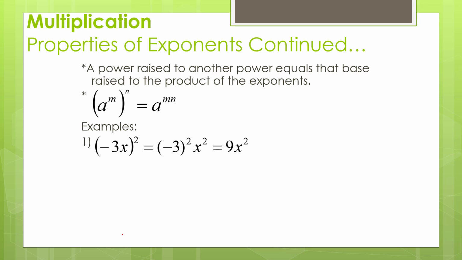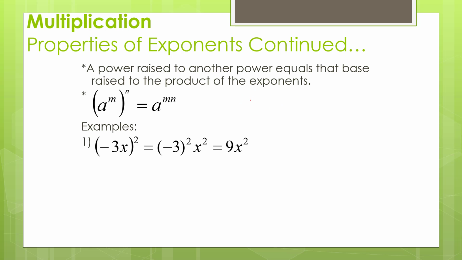For example, we have negative 3x squared is equal to negative 3 squared times x squared, which is equal to 9x squared.